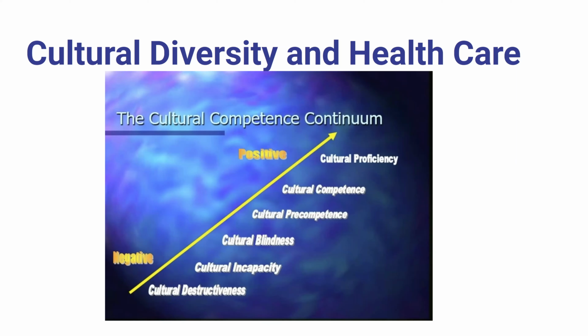Cultural incapacity is right before blindness, but it's an incapacity to deal with folks that are different. There's a lot of fear involved, and a lot of inability, and the belief that I just can't handle people like this, or I just can't understand this way of thinking.